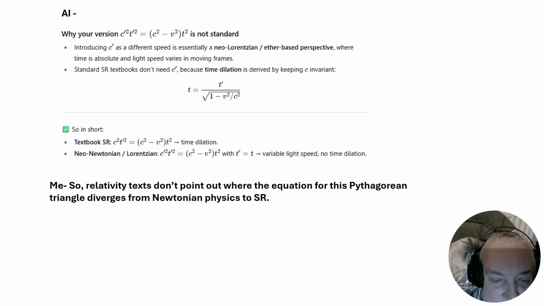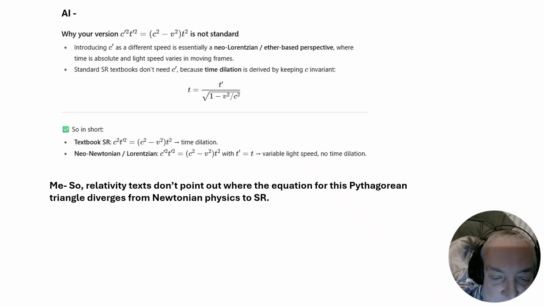So in short, textbook special relativity gives that equation shown, and the Lorentzian equation is that equation shown with t prime equal to t, which has then variable light speed and no time dilation.